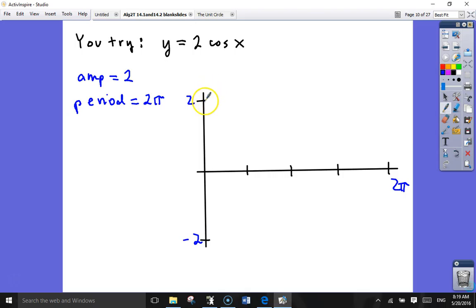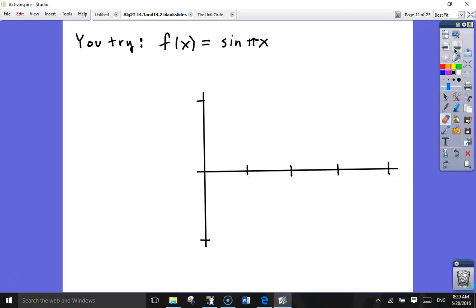The x-coordinate on the unit circle at the angle of 0 is 1. And everything else is the same. It should look pretty much like the last one.